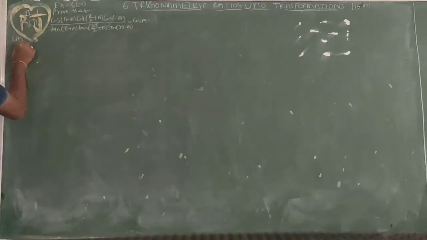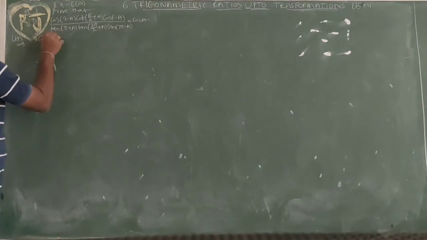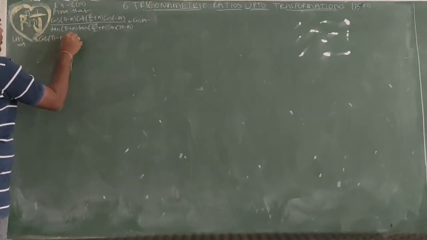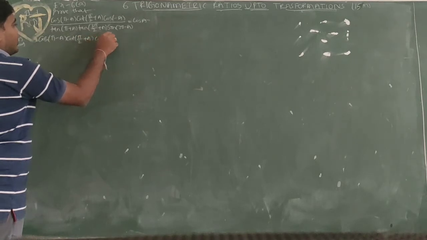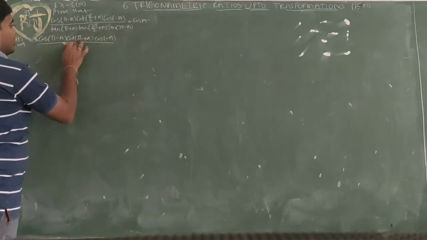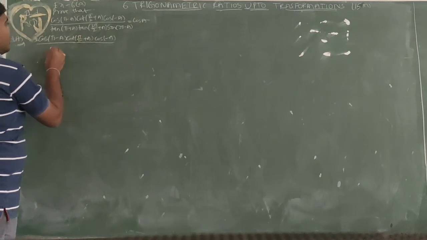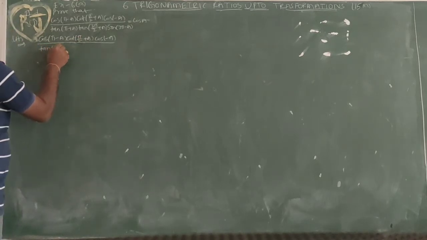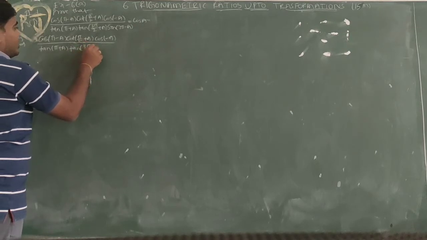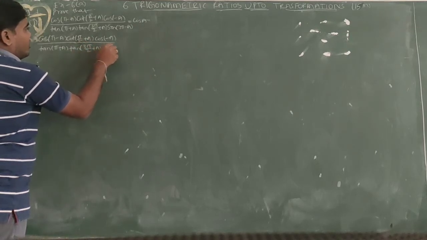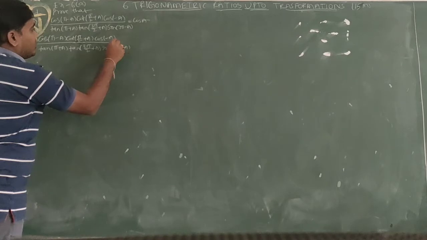Okay, so proof. LHS I want to take first: cos of (pi minus a) cot of (pi by 2 plus a) cos of (minus a) by tan of (pi plus a) tan of (3 pi by 2 plus a) sin of (2 pi minus a).